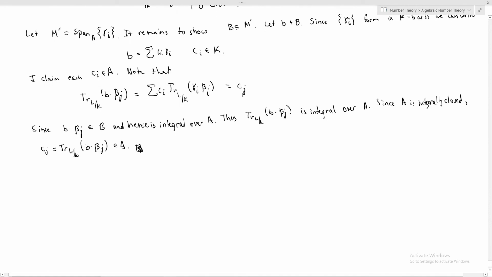So how does this lead to the proof? This is the 22.2 corollary. We're going to let L be a finite extension of Q, which is automatically separable because we're in characteristic 0, of degree m.